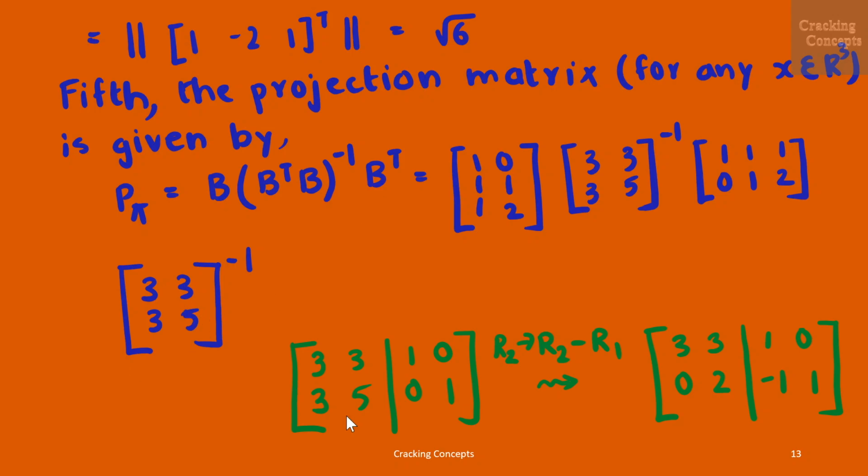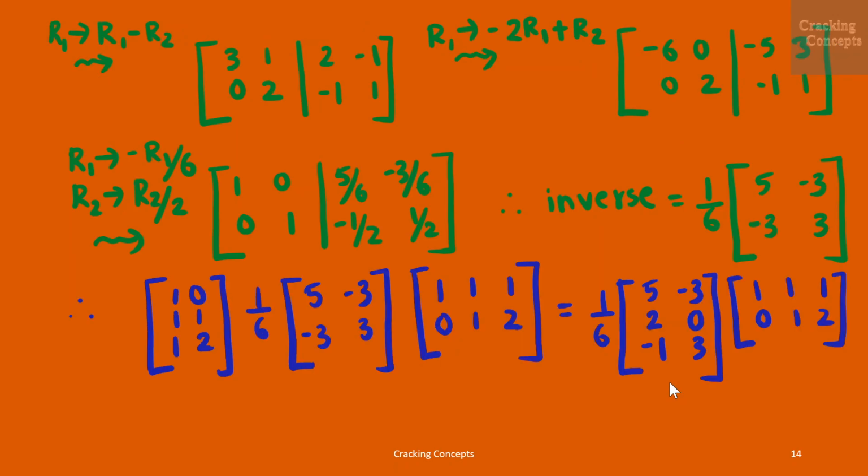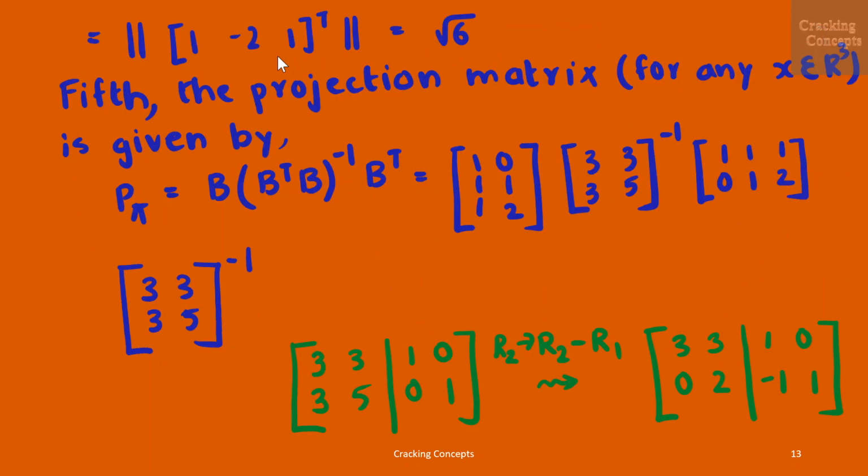For that, we'll convert it into the augmented form where we write the matrix on the left hand side, and on the right hand side we have the corresponding identity matrix. And we'll perform elementary transformations on this. Second row will be rewritten as R2 minus R1, which gives us 0 here. Then we'll do R1 minus R2 and rewrite R1, making this value as 1.